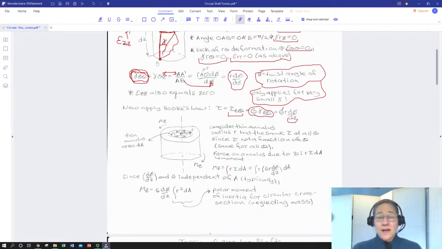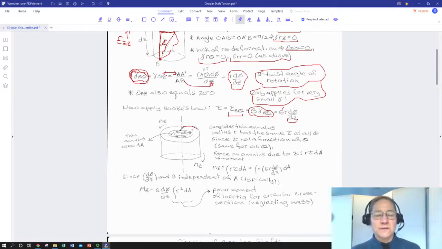And so we're just going to add up shear stress across the entire area of the shaft face and relate that to moment. So we've got our shaft, our cylinder drawn again, and we've got a little annulus, a little donut ring, where its outer radius is at r, and it's thin. It has a dr thickness to it.